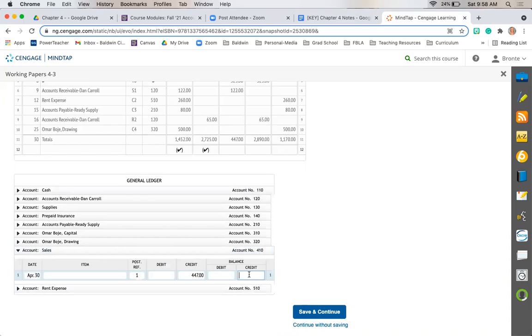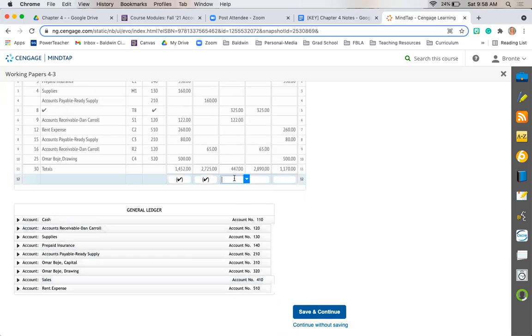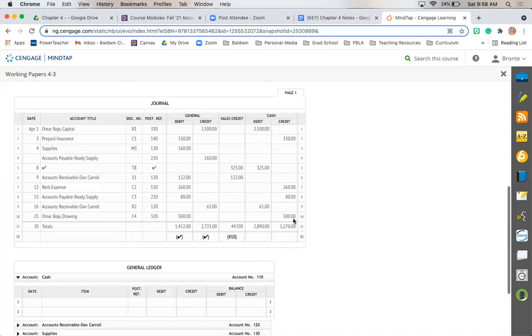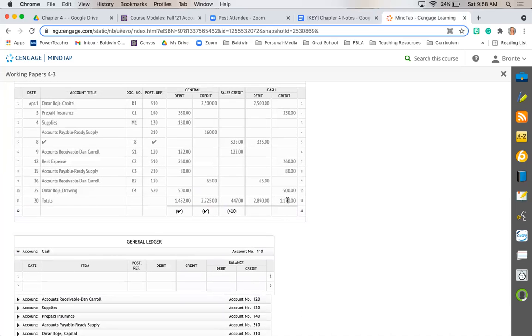Since sales is revenue, revenue has a normal credit balance of $447. So sales is done. All I need to do now is take this account number 410 and place it underneath my sales column to indicate that this total has been posted. Next, I have the two cash columns, debit and credit.